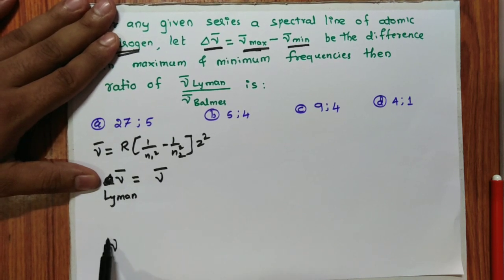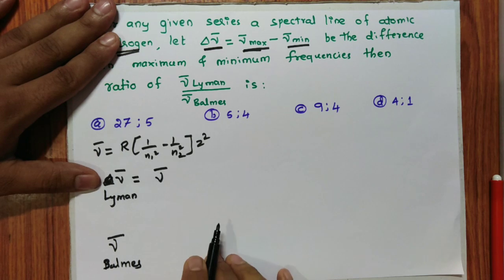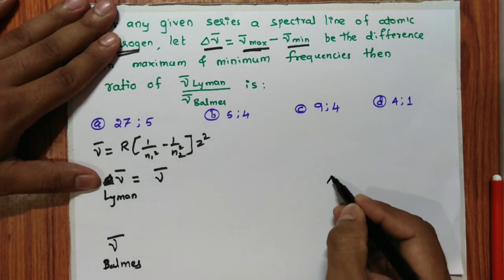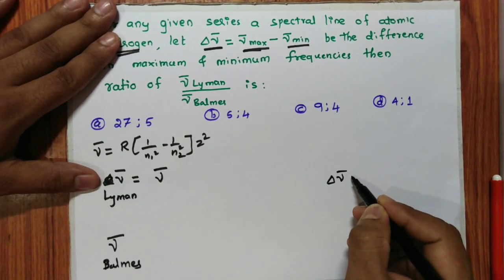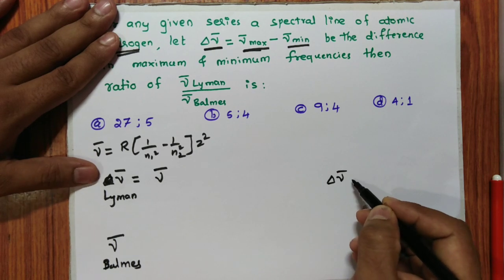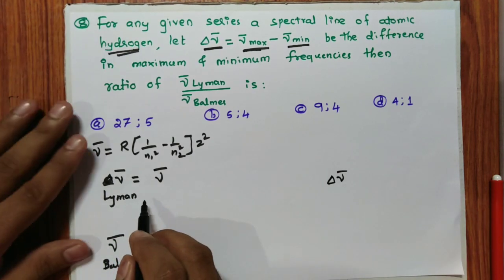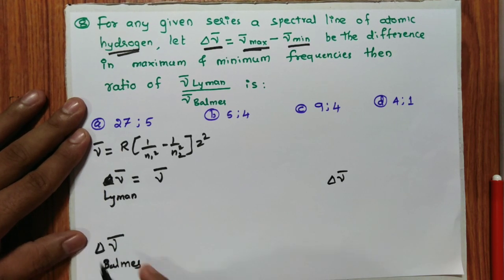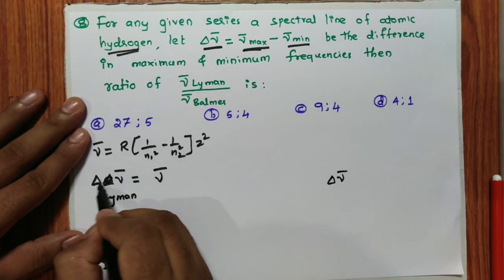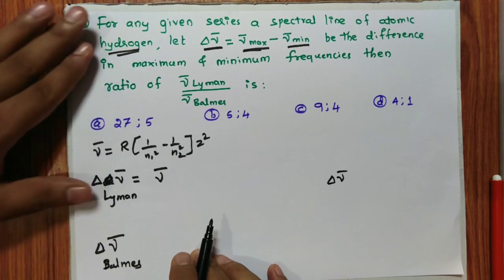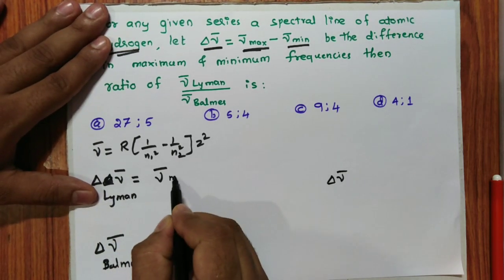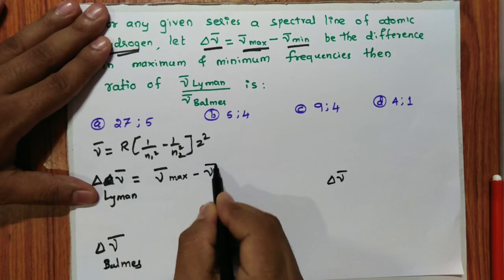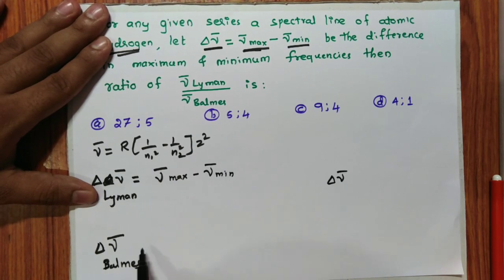Then we calculate nu bar of the Balmer series. So the change in nu bar, that is, here we require delta nu bar, right? So delta nu bar of the Balmer series we calculate, and delta nu bar of the Lyman series we calculate, that is nu bar maximum minus nu bar minimum.